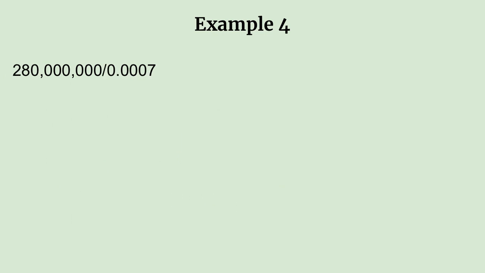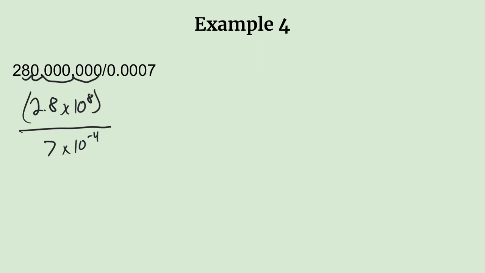Last one, division. 2.8 times 10 to the 8th, that's 3, 6, 7, 8, divided by 7 times 10 to the negative 4th, 1, 2, 3, 4. So we're going to divide like things here.